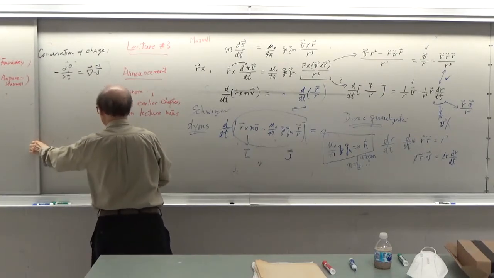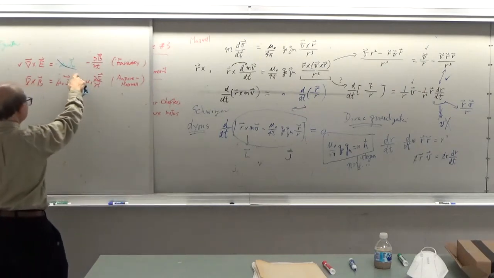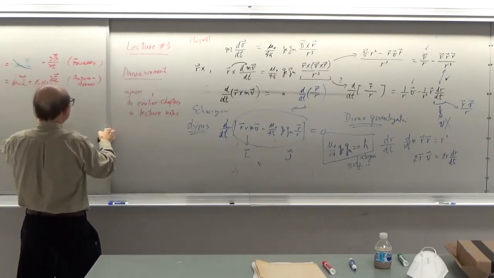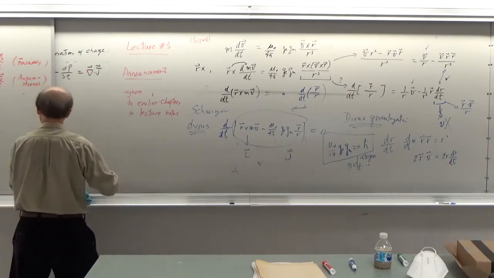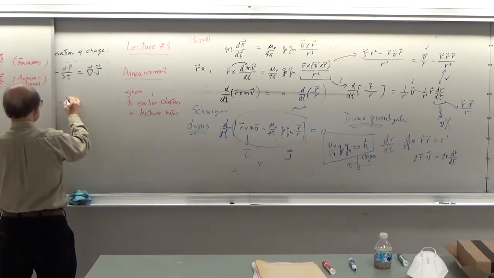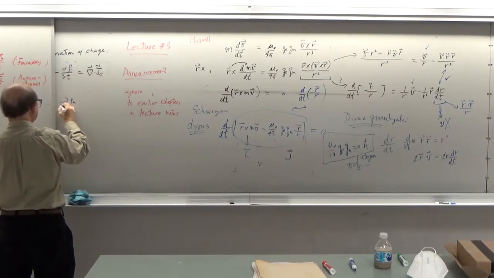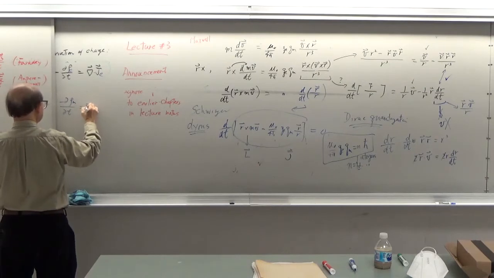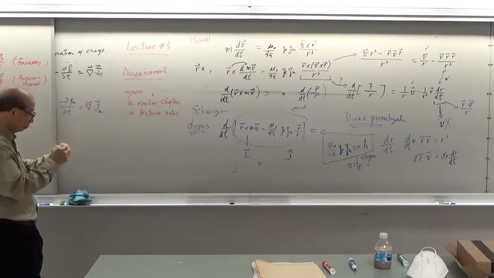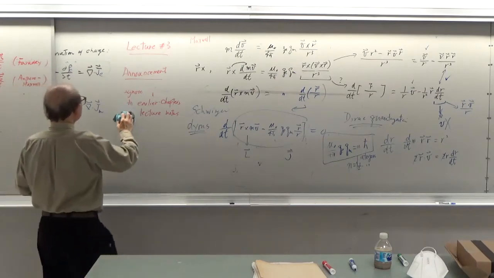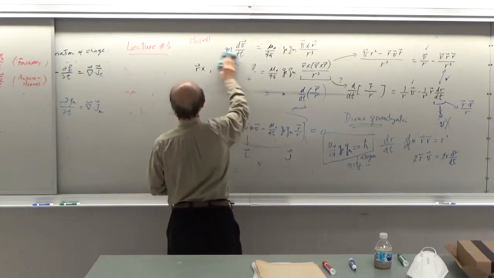Oh, by the way, if we kept the magnetic terms in the equation, you can show that there is conservation of magnetic charge: the time derivative of rho M is minus the divergence of J M.